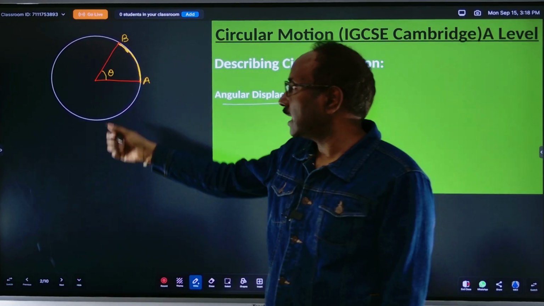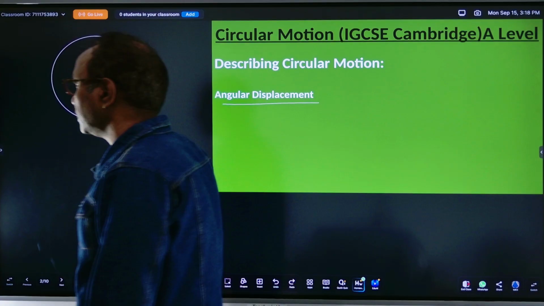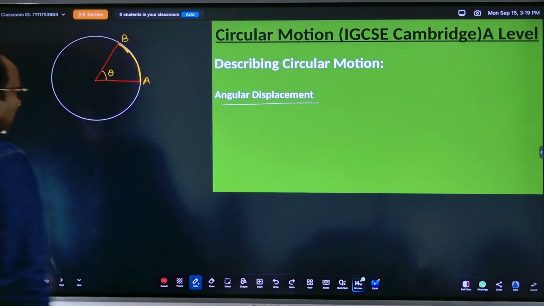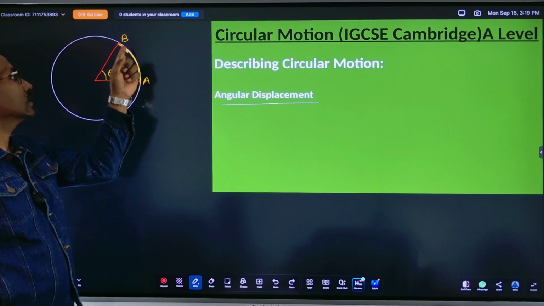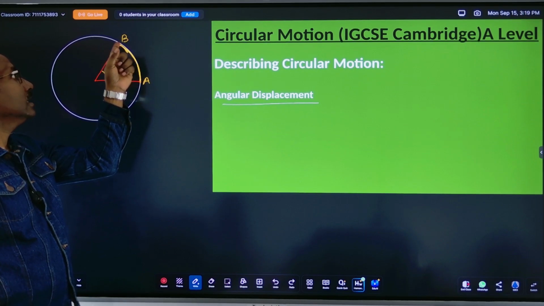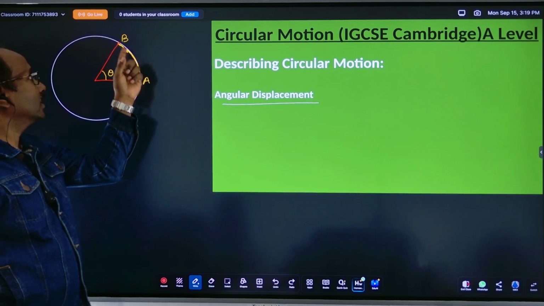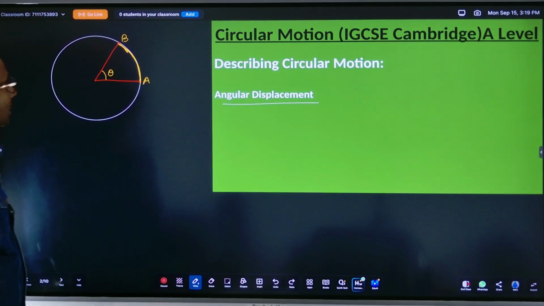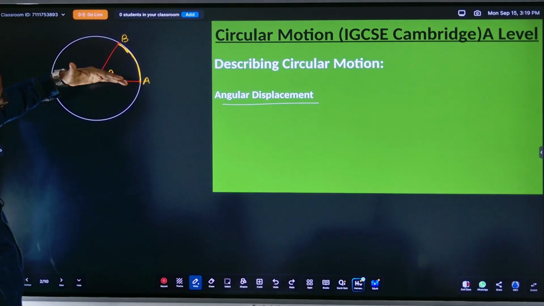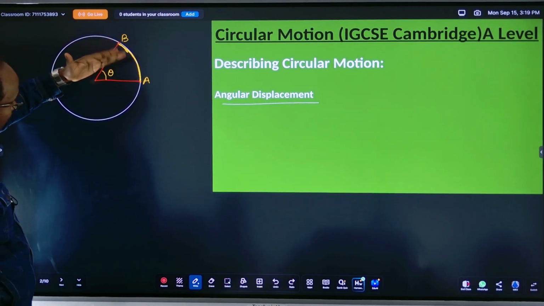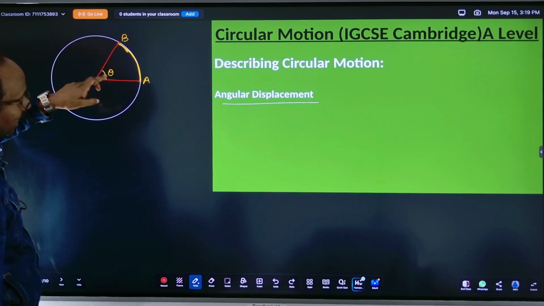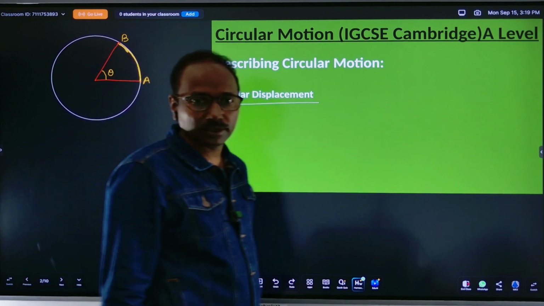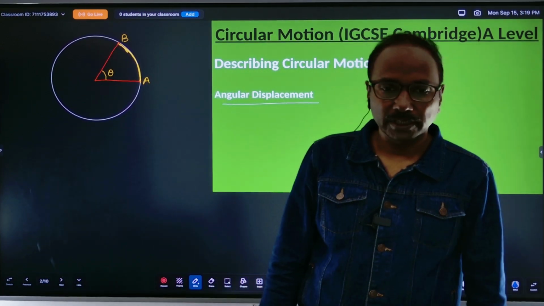So theta is the angular displacement here. So what does it suggest? That the particle initially was at A, now it is at B, covering this circular arc. So it has an angular displacement, means in terms of angle it has displaced by theta angle, and that is your angular displacement.